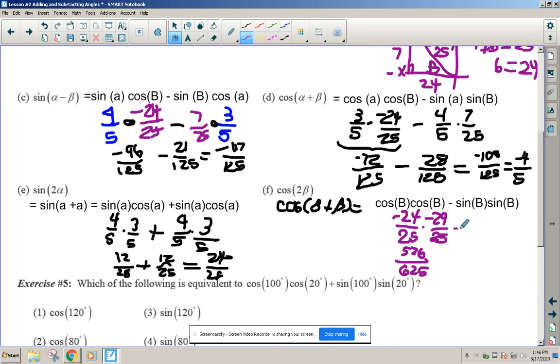And now from this, we're going to subtract the sine of beta, which was 7 over 25 times 7 over 25. That means I'm subtracting 49.